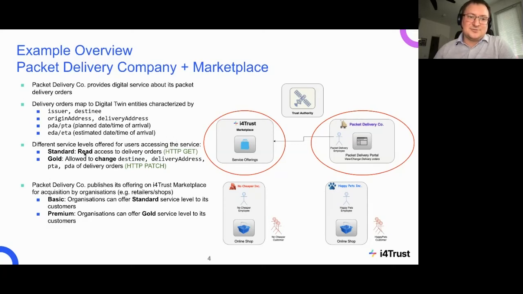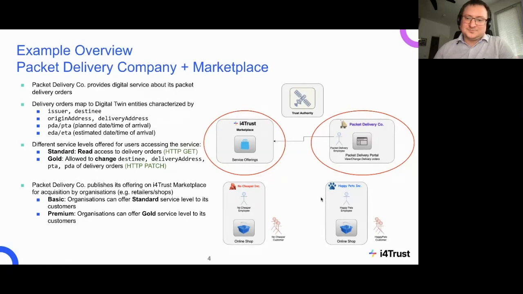The standard one was only read access, so only allowing GET requests, and the gold service level to also do patch requests to change certain attributes of these entities. And the service offerings were published on this iForTrust marketplace for the acquisition by these organizations like No Cheaper and Happy Pets.